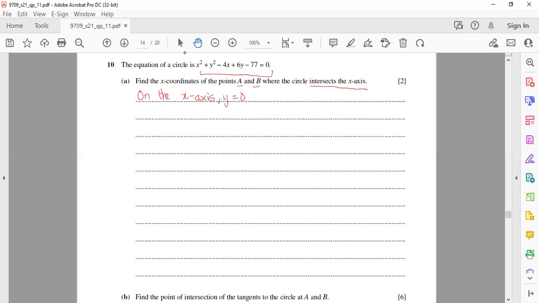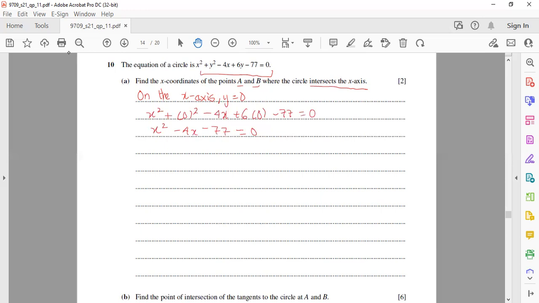So we will replace y is equal to 0 in the equation of the circle. x squared plus 0 squared minus 4x plus 6 times 0 minus 77 is equal to 0. Let's simplify. So x squared minus 4x minus 77 is equal to 0.